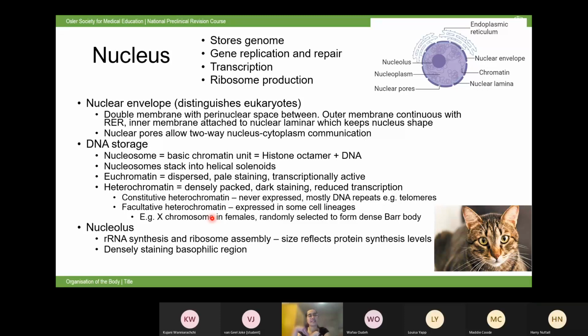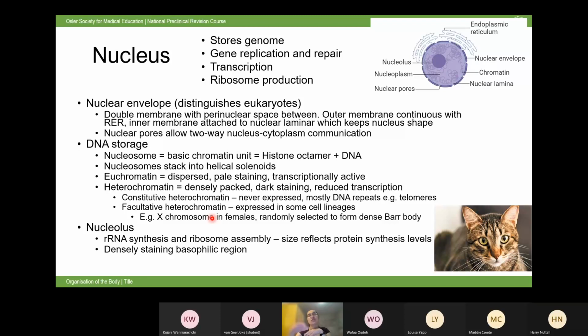And in terms of heterochromatin, you can have two types of heterochromatin. So constitutive means it's never been expressed. And the classic example of this is telomeres, which are the bit at the end of the chromosomes. And they're the bit that essentially protects it from wear and tear.